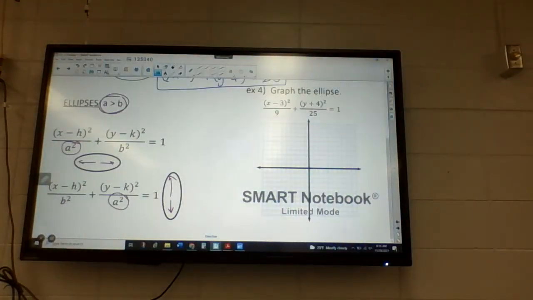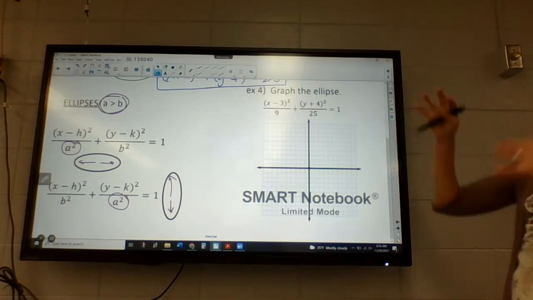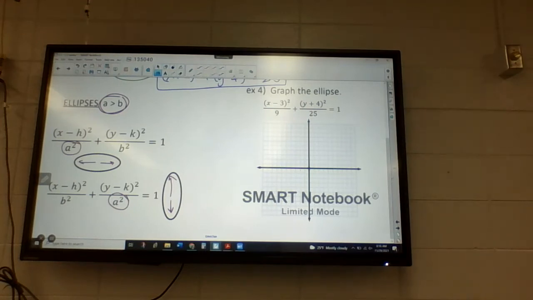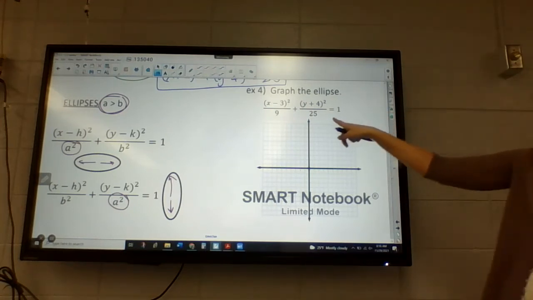So we want to graph this ellipse. This isn't asking for all the points on this one. I don't even know if I asked that in the homework. But being able to just graph it means finding your center and then going out. Is this going to be a wide ellipse or a tall ellipse? This one's going to be tall because the y value has the bigger number underneath it.